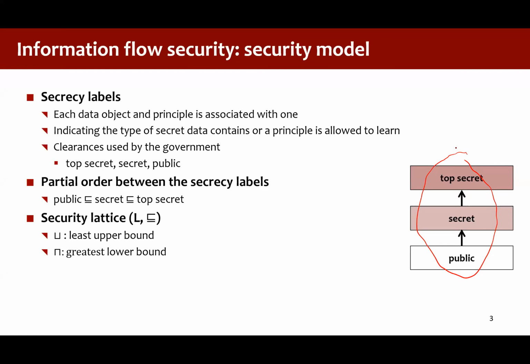What we're trying to enforce is that a secure system only allows information to flow up the lattice. So to give the example here, if I have secret clearance, the files I can read are files labeled with secret or files labeled with public. I cannot read files labeled top secret, right? That's against the flow of information as dictated by the security lattice.